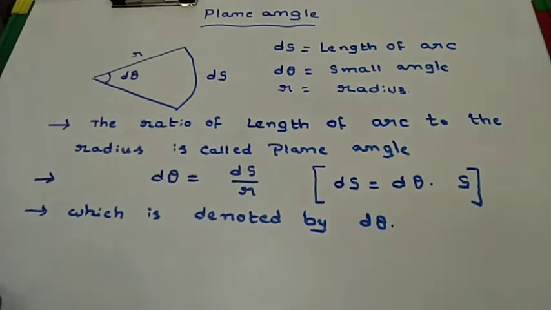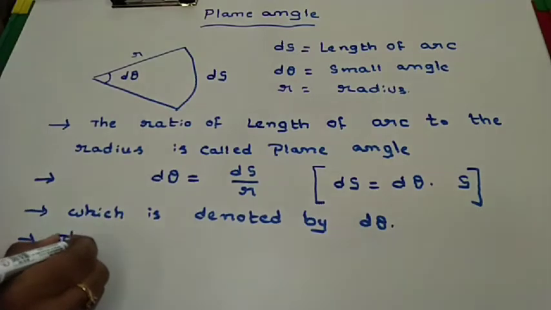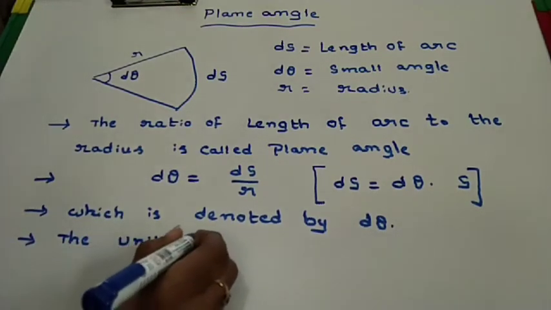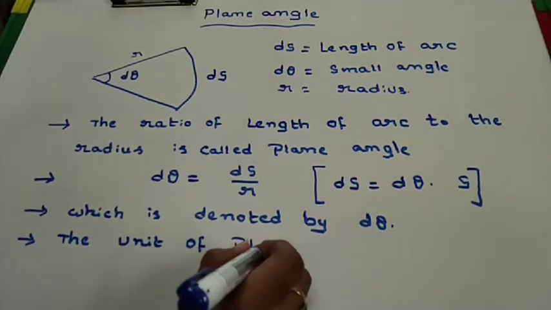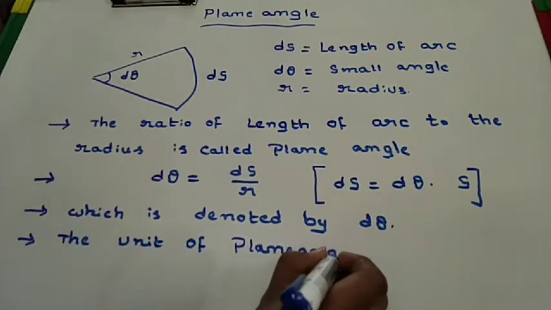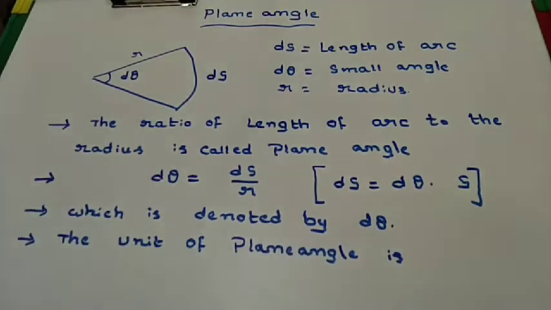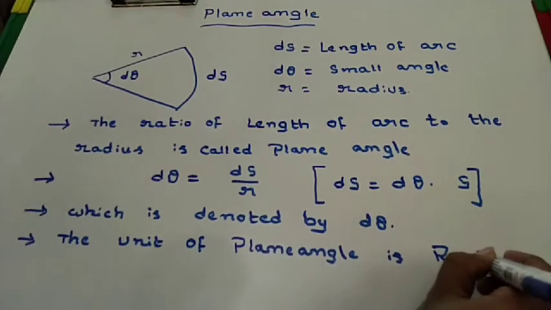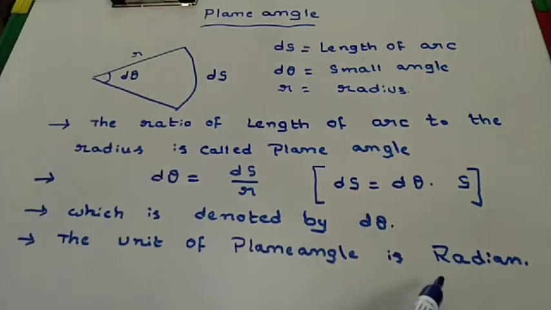Now the unit of plane angle is radian. Once again, my dear students, the unit of plane angle is radian.